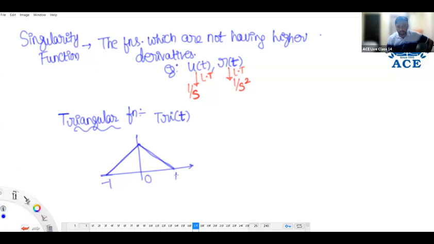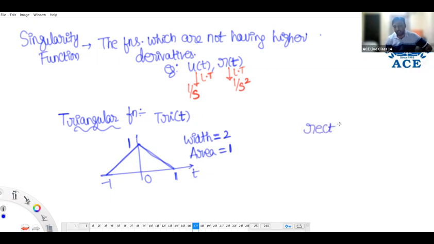It extends from -1 to 1 with amplitude 1. We are fixing the width of the triangle as 2 units to make area as 1. Half base height.